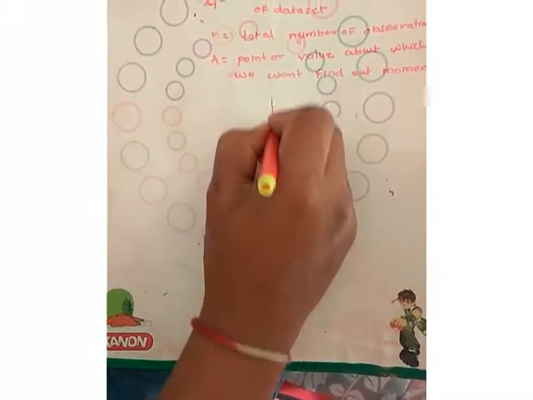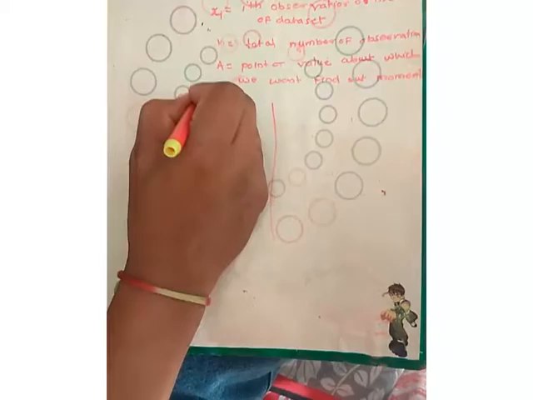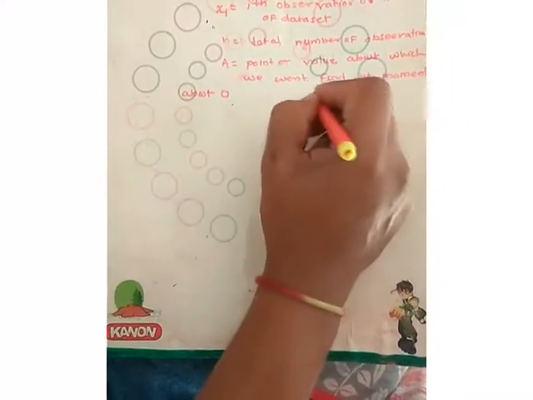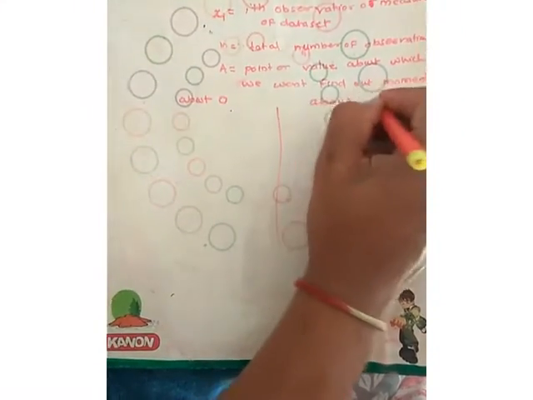So I have told you there are two types of moment, that is about 0 and about the mean value.